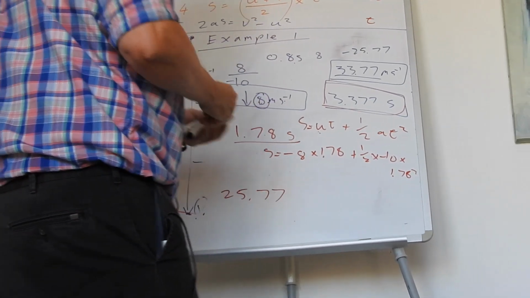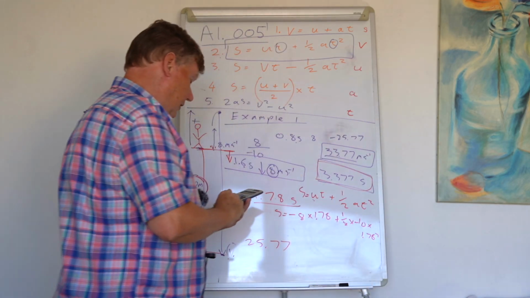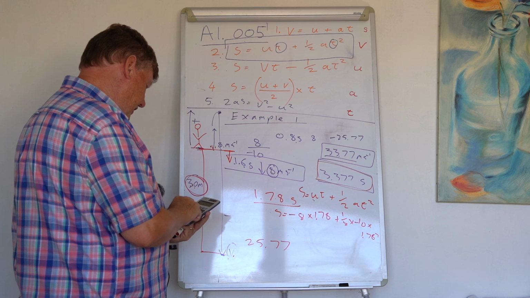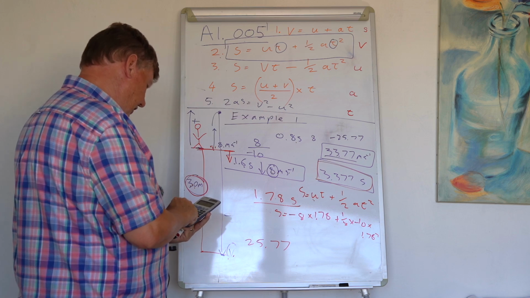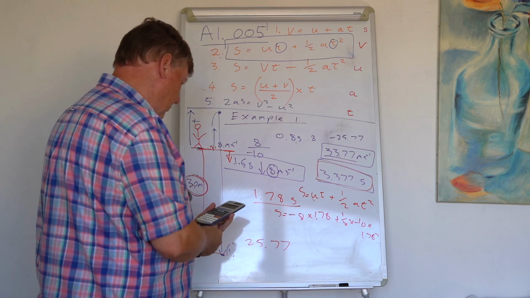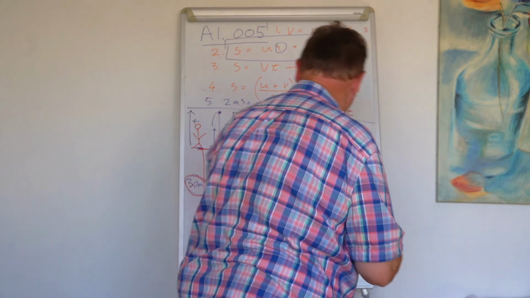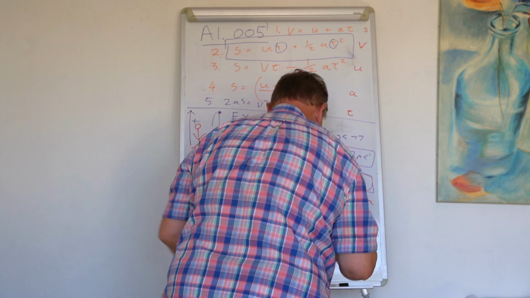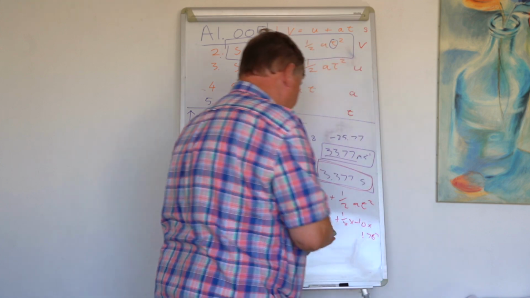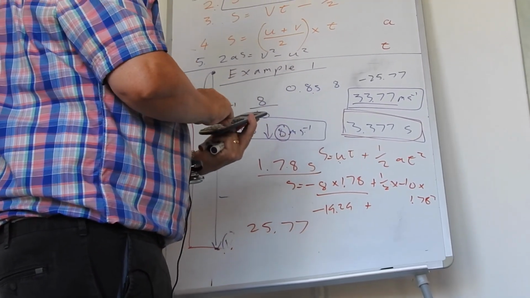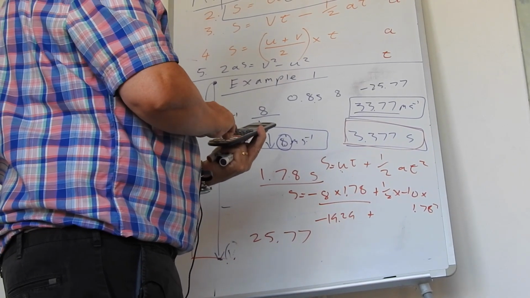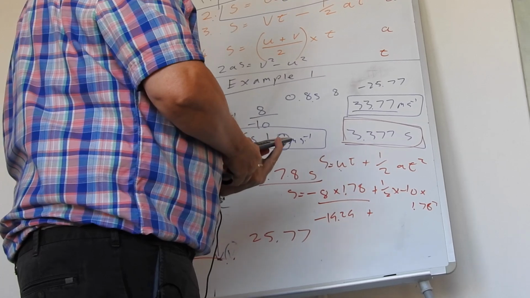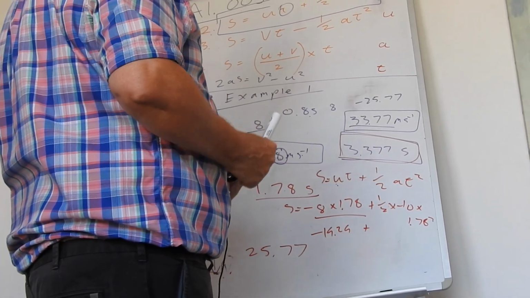And if we tap all of that into a calculator, fingers crossed, we should come back to 30 meters. UT, minus 8 times 1.78, equals minus 14.24. So that bit's minus 14.24 plus a half times minus 10, which is minus 5, minus 5 times 1.78 squared, minus 15.842.